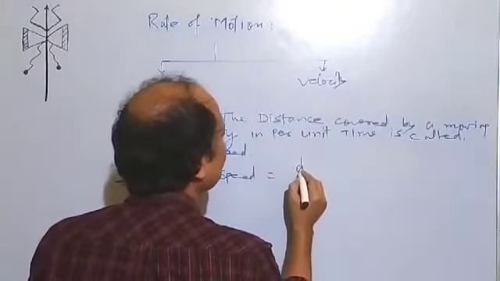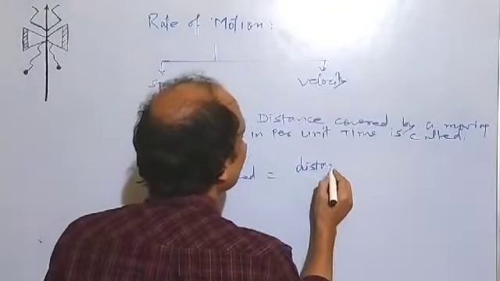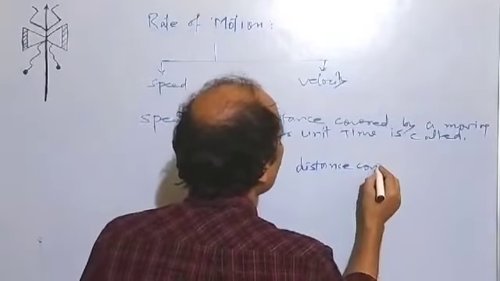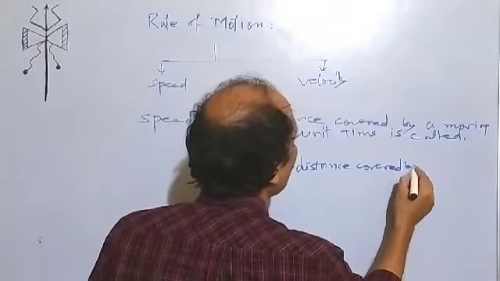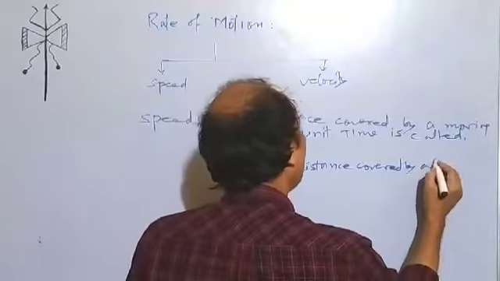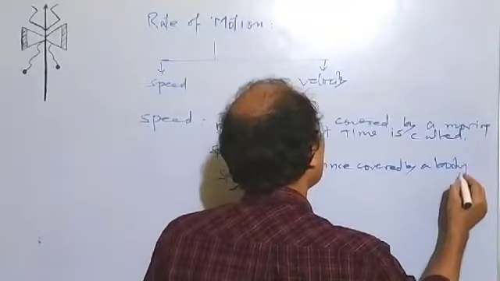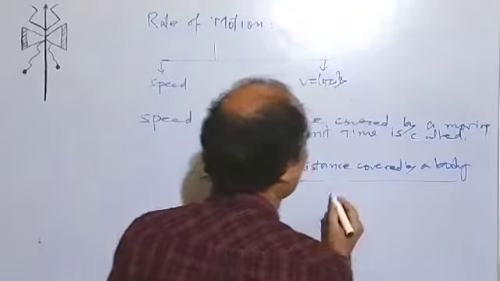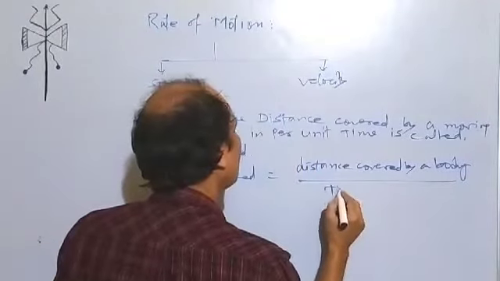Speed equal to distance covered by a body upon time taken.